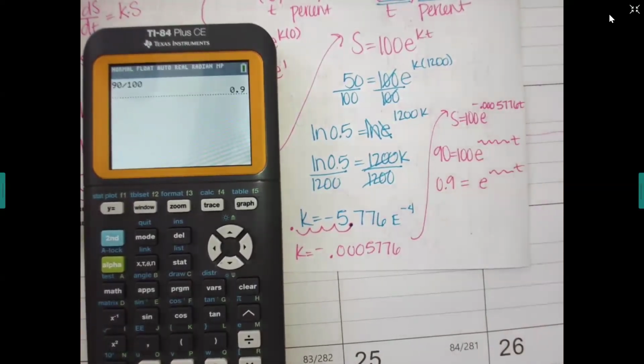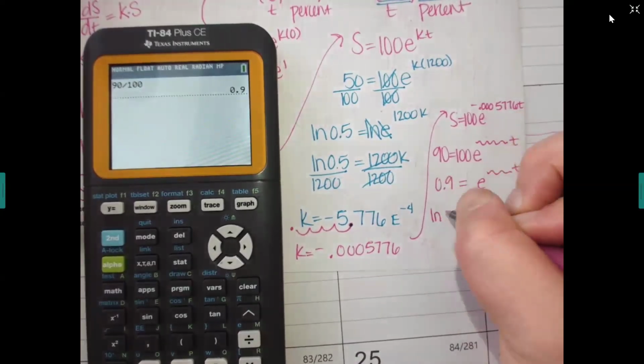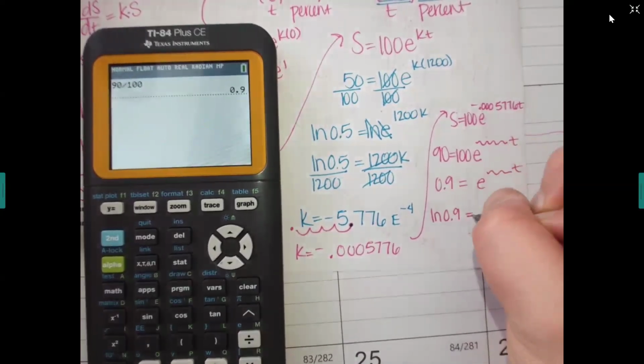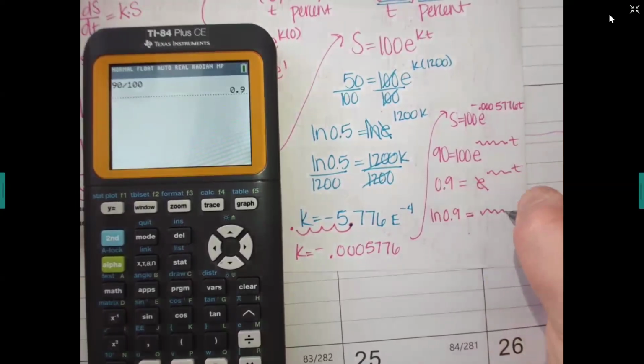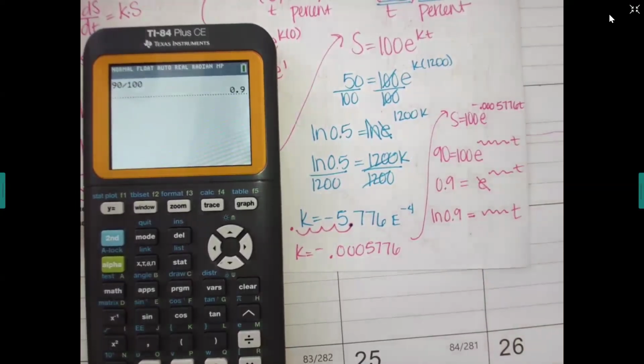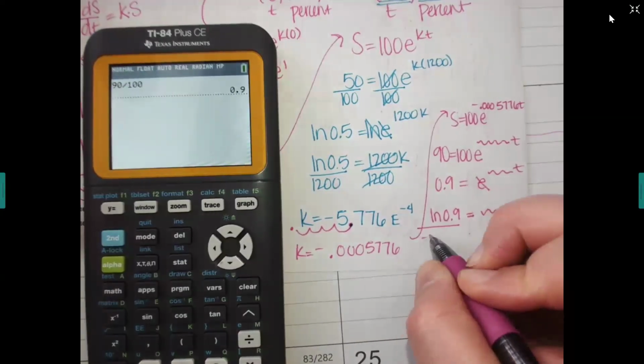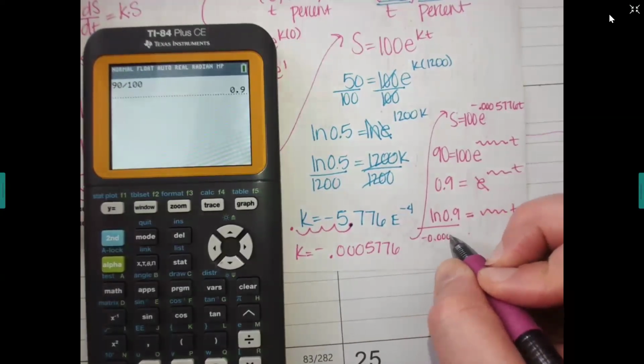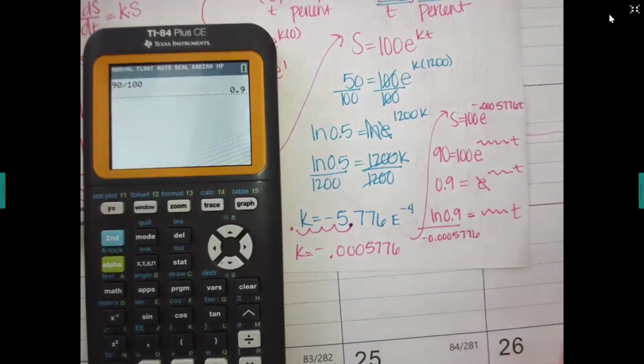Okay, how do I get rid of the e? ln both sides. So I have ln of 0.9. This is gone. I have the number times t. And then how do I get rid of the number? Divide it. Okay, but then remember in your calculator, oh, I took my number out.